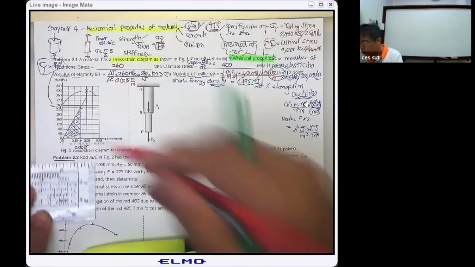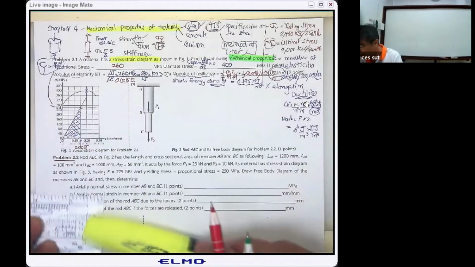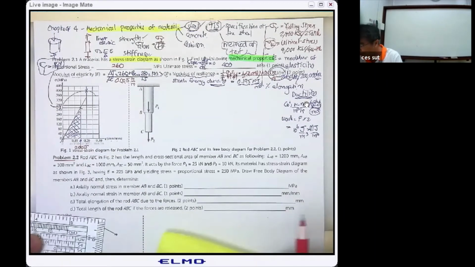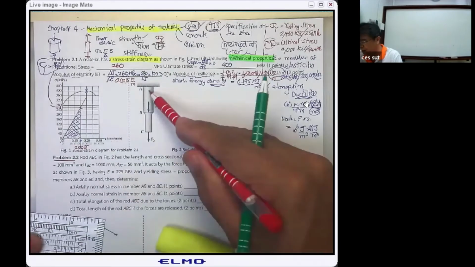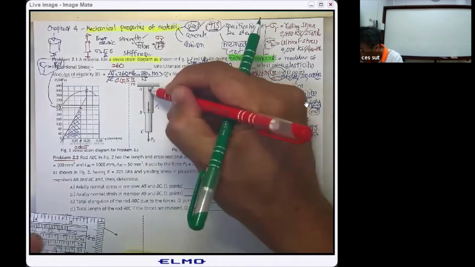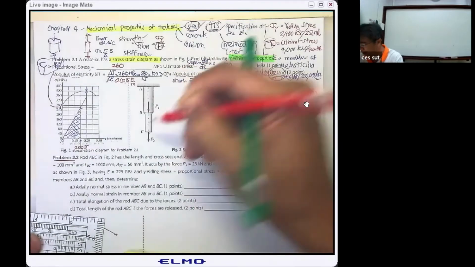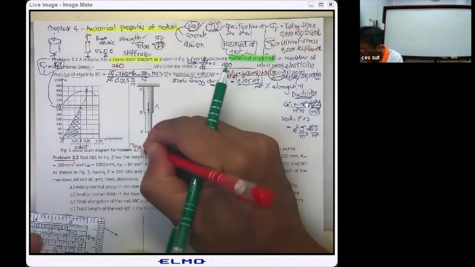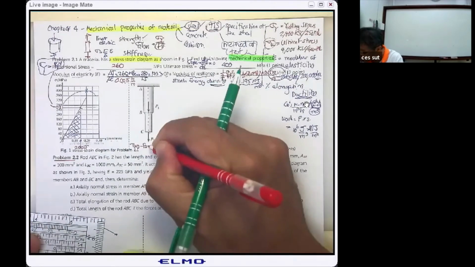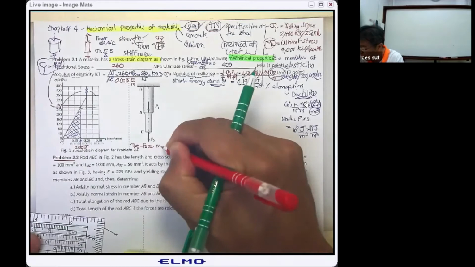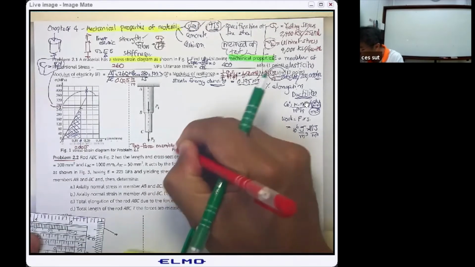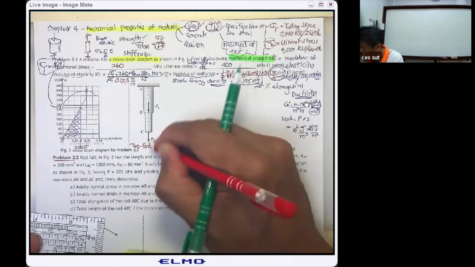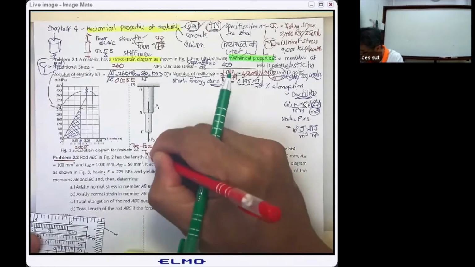In problem 2.2, the problem says there is a member ABC subjected to axial loading. This ABC is going to be a two force member, and if you take a look at this, the member is going to be in tension.